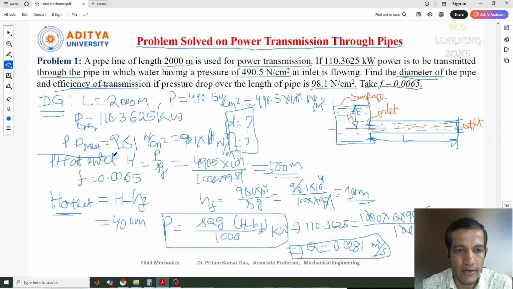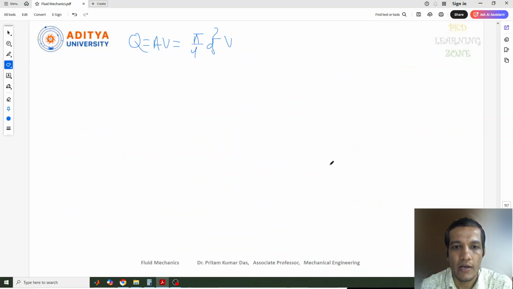So this much data is given in the question. So we can write Q, which we have calculated: 0.0281 equal to pi by 4 D square into V.